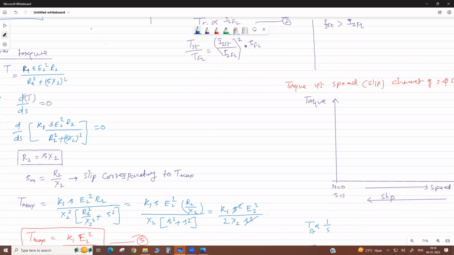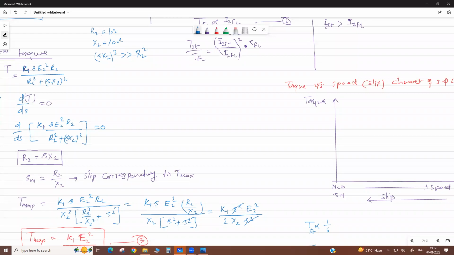Suppose the rotor resistance is 1 ohm and reactance is 10 ohm. At starting, slip times X2 squared is greater than R2 squared, so we neglect R2 squared at starting.